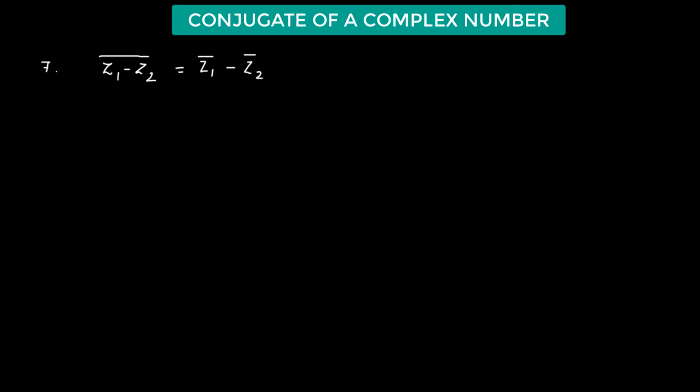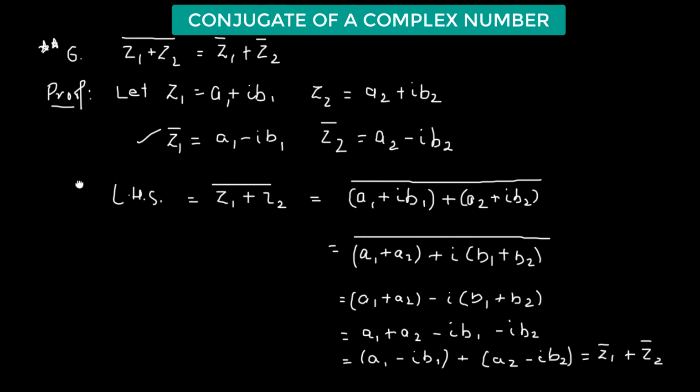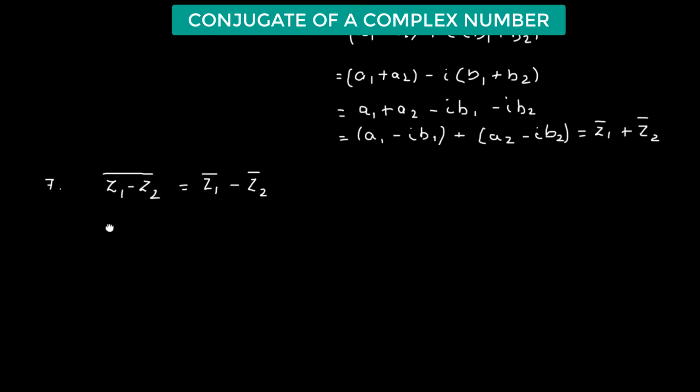This will be similar to the previous one. You can assume z1 to be a1 plus ib1 and z2 to be a2 plus ib2, and you can follow the steps which we have done for z1 plus z2 bar. So here you'll get the same result.